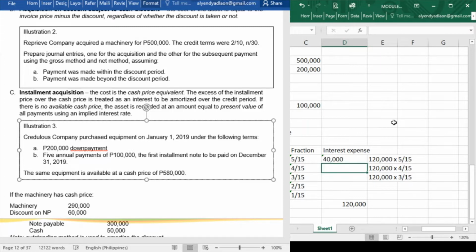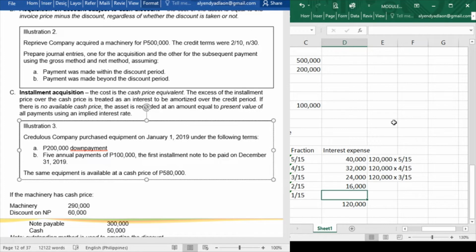120,000 times 5 over 15, that is 40,000. 120,000 times 4 over 15, that is 32,000. 120,000 times 3 over 15, that is 24,000. 120,000 times 2 over 15, that is 16,000.